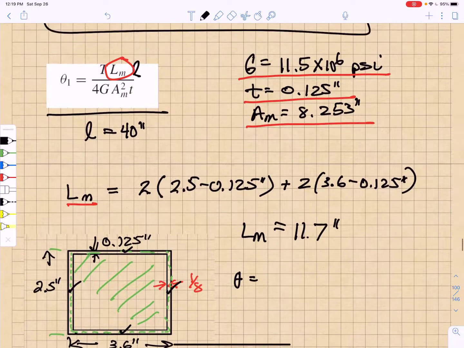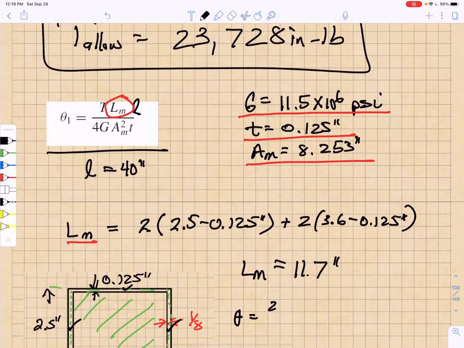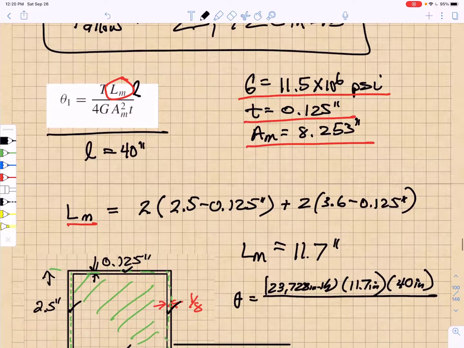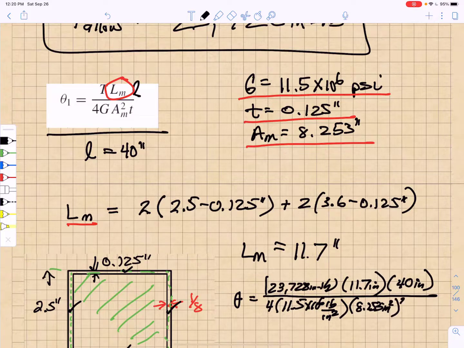Now I have everything I need to figure out the angle of twist. My torque, as I said, is 23,728 inch-pounds. I'm going to multiply that by this 11.7 inches, and by 40 inches. I'm going to divide that by 4 times 11.5 times 10 to the 6 pounds per inch squared, multiplied by 8.253 inches squared, and by a thickness of 0.125 inches.